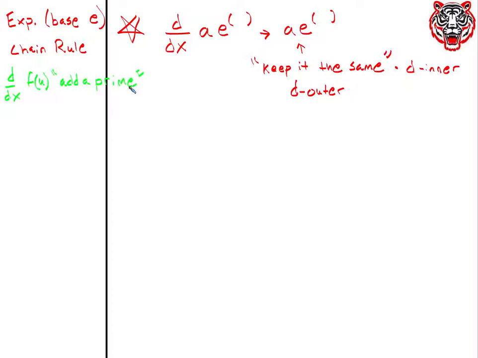Add a prime and multiply by dinner. So this is the same rule. You're basically adding the prime if you have the prime number on the outside, the coefficient, and then you're going to multiply that by the dinner.